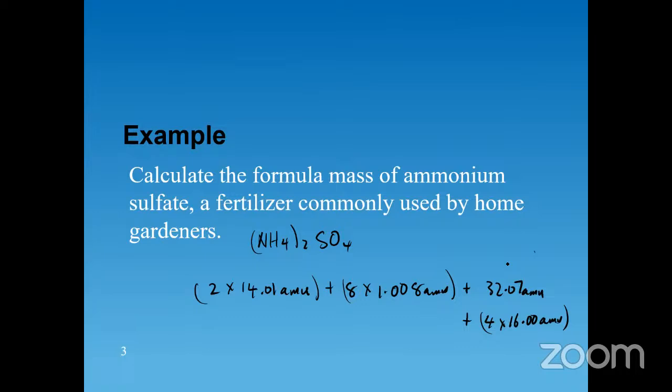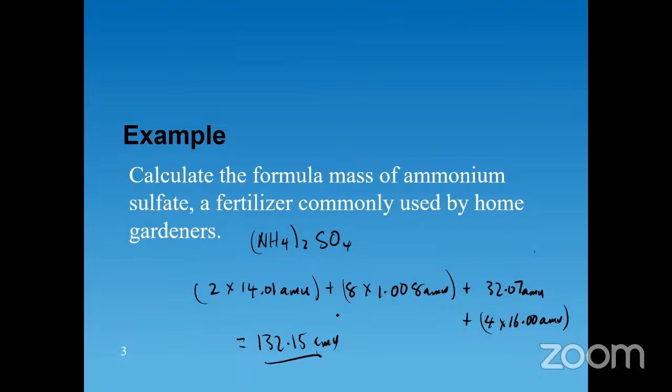And then I'm going to add to that 8 times 1.008. And then I'm going to add 32.07. And then I'm going to add 4 times 16. And according to my calculation, this works out to be equal to 132.15 AMU. So that's basically how that is done.